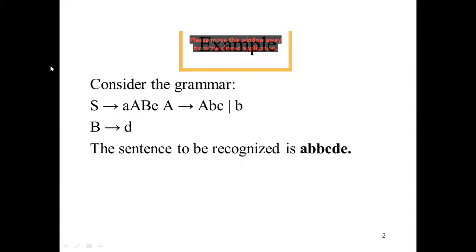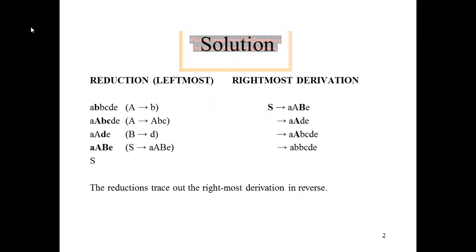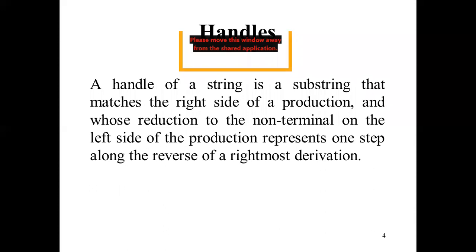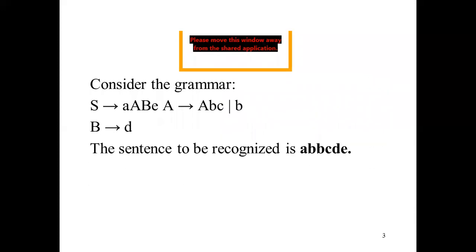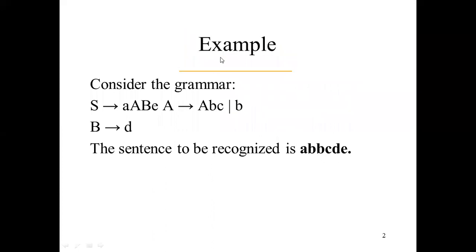Now you can see in the next slide. Now we want to reduce this because we want to get the appropriate result, which is a, b, b, c, d, e. How will we reduce this?